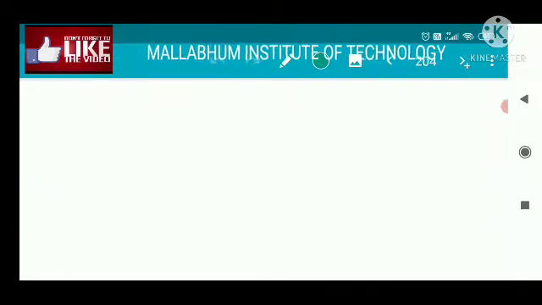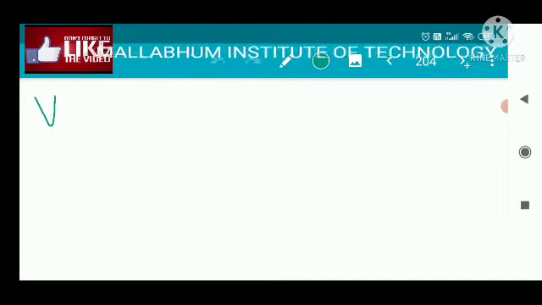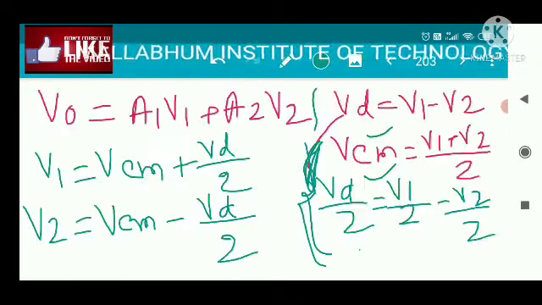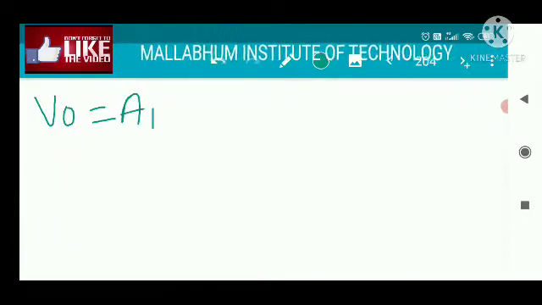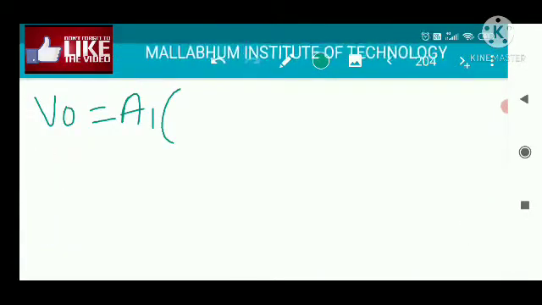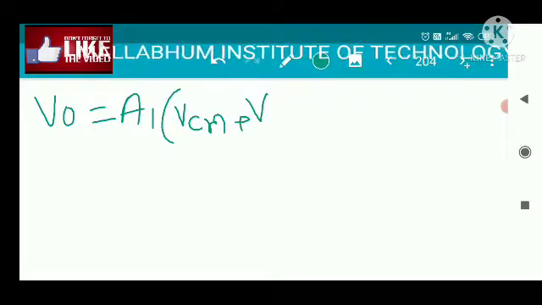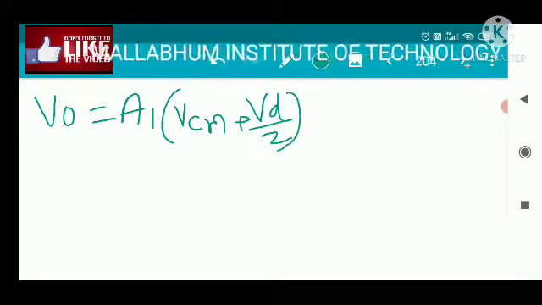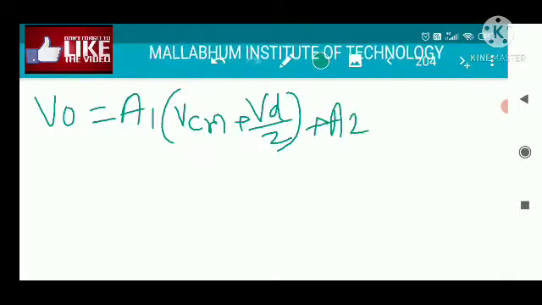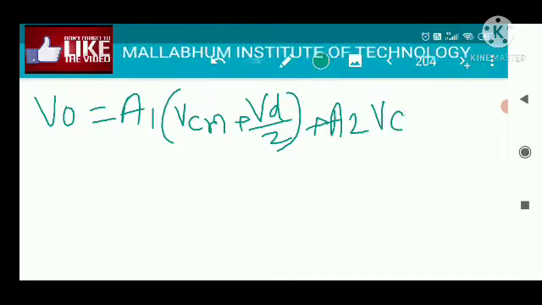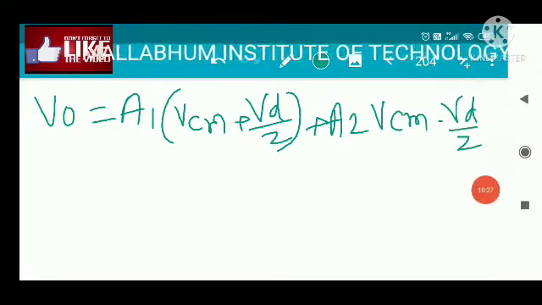Next, we also studied the expression for V0. In this expression I am replacing V1, which is VCM plus VD divided by 2, plus A2 into VCM minus VD divided by 2.